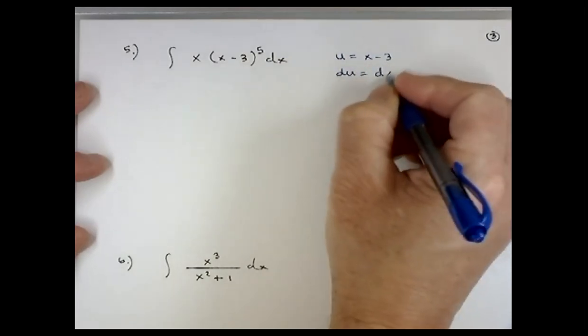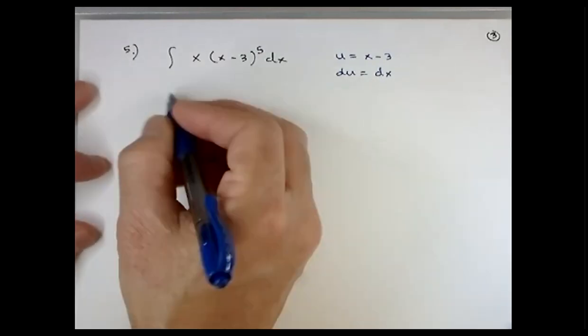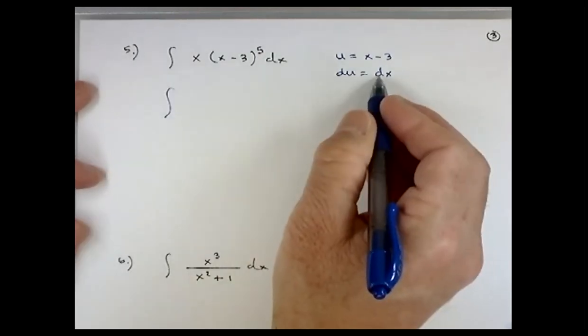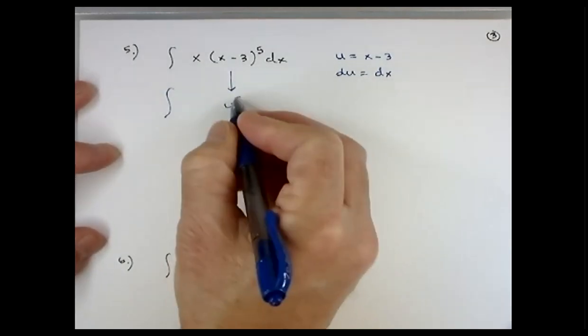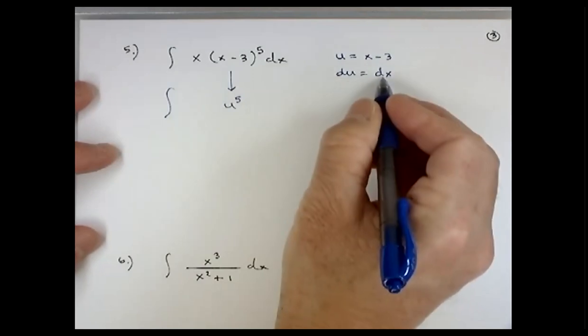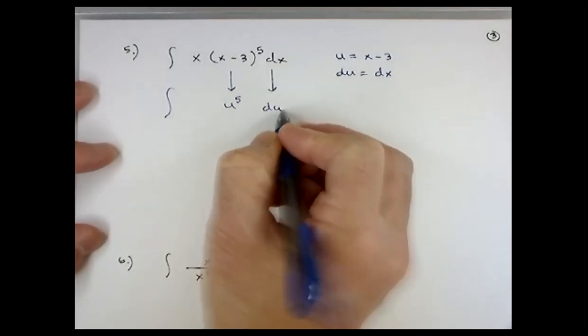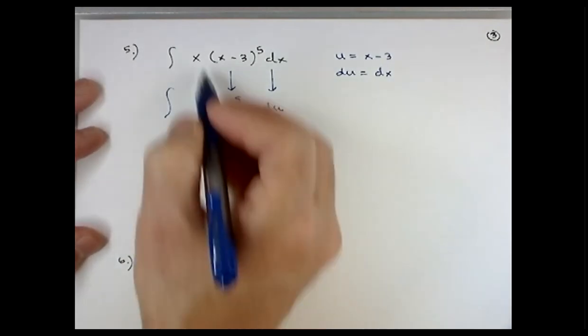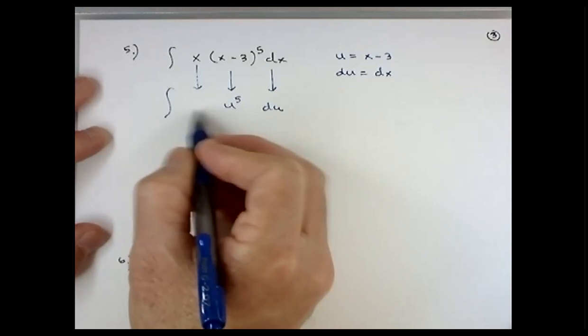I've been giving you a lot of messy U-substitution ones where you have to wish for something, but oftentimes you don't have to wish for anything. This is u to the 5th, and du literally just equals dx, so I can trade that in for du. But the trouble is I have an unaccounted for x, right?